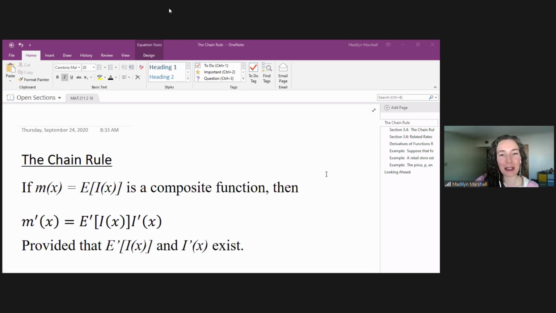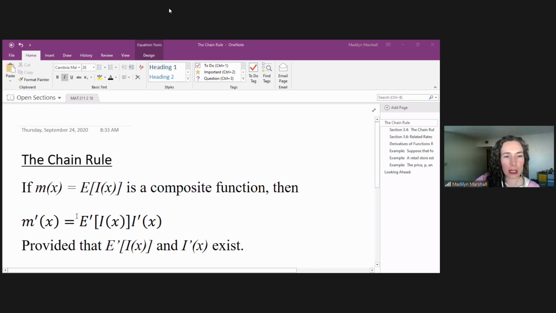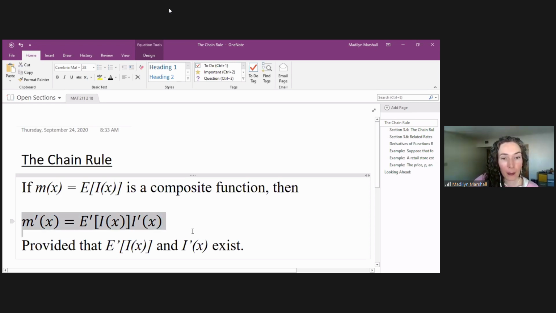This is the one we were using most on Tuesday. And so I'm going to try to use this more as we go through the next problem, since it sounds like using this is helpful.